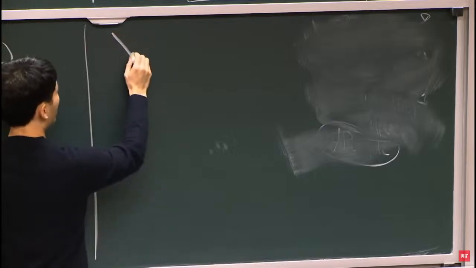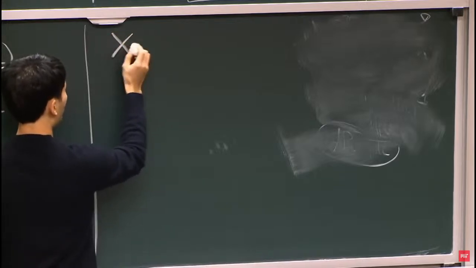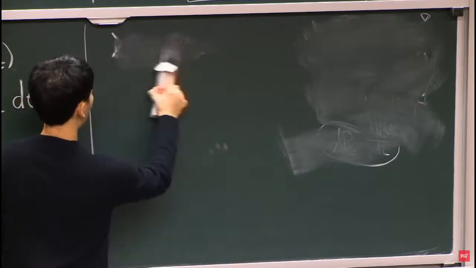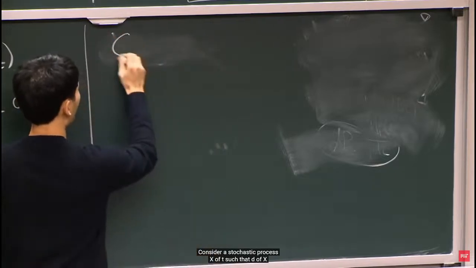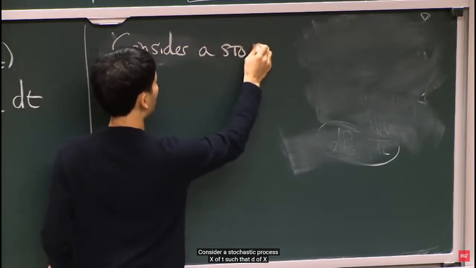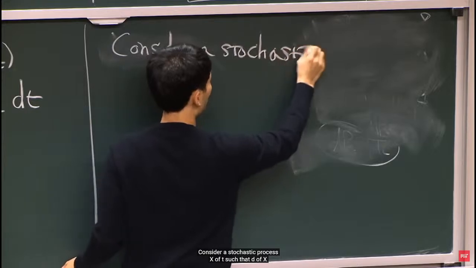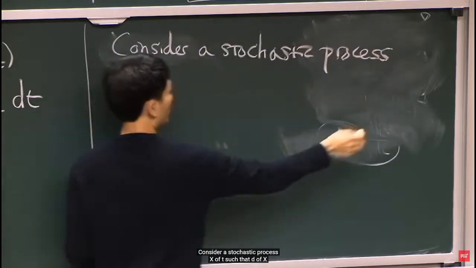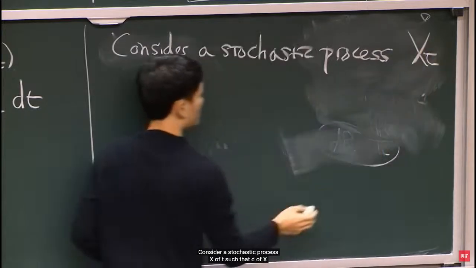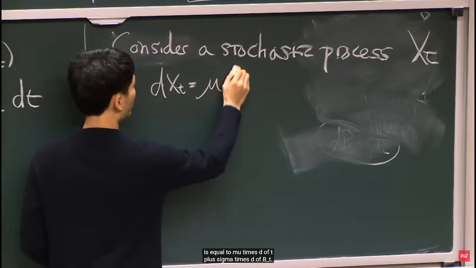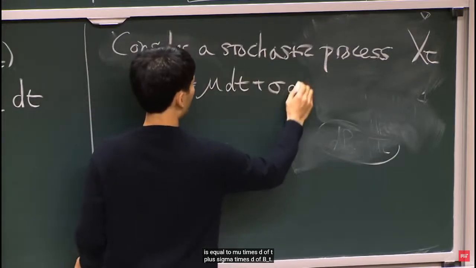Now, suppose this. Consider a stochastic process X of t such that dX is equal to mu times dt plus sigma times dBt.